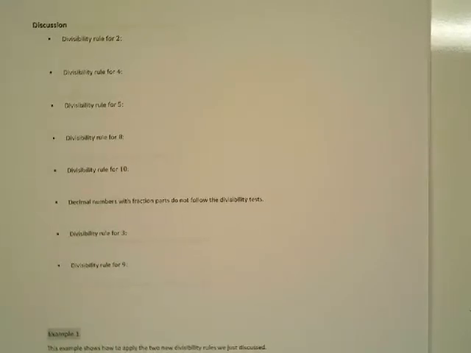On the next page, it wants us to go over or review divisibility rules. And we are actually going to put those in our notebooks. So if you go ahead and take out your notebook and put the title up at the top of the notebook, it's Module 2, Lesson 17, Divisibility Tests.